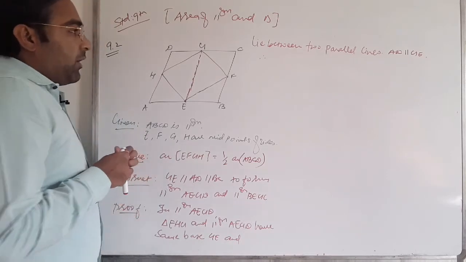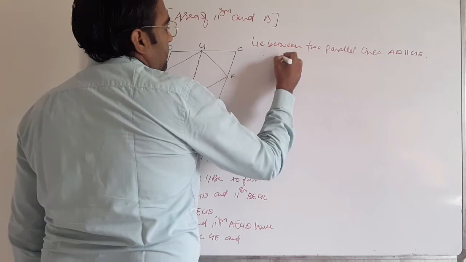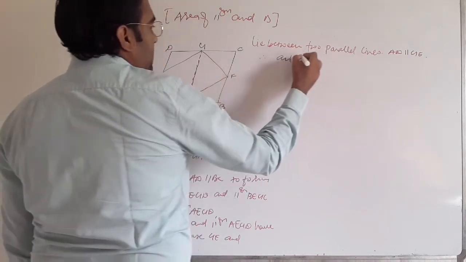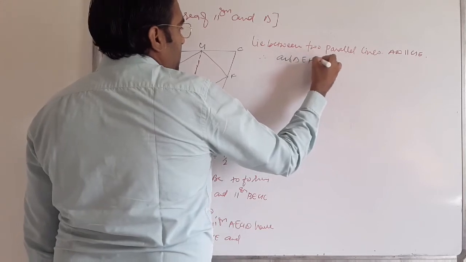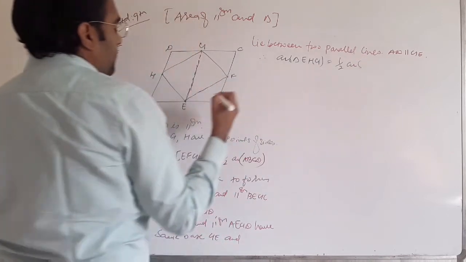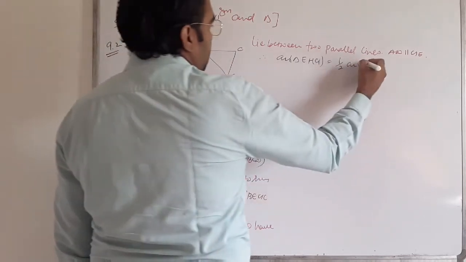So area of triangle EHG is equal to half of the area of AEGD.